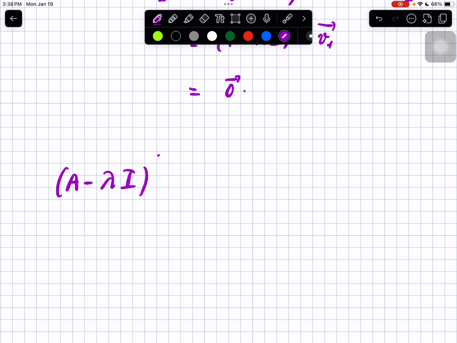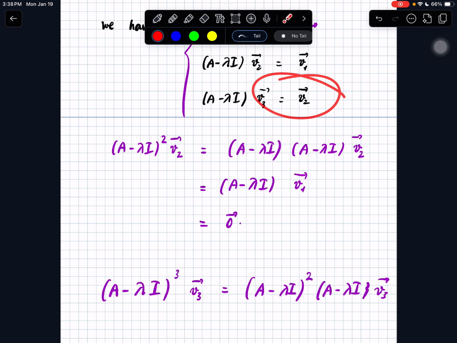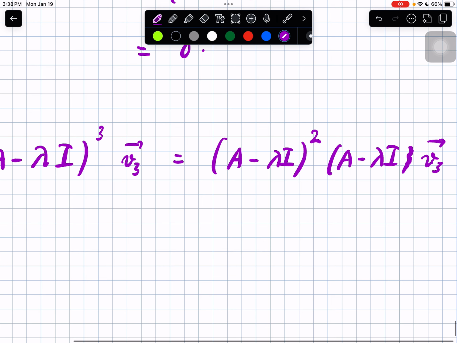Next, A minus lambda I cubed times v3 is A minus lambda I squared times A minus lambda I times v3. A minus lambda I times v3 equals v2, so this is A minus lambda I squared times v2.